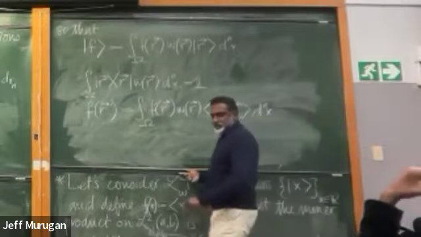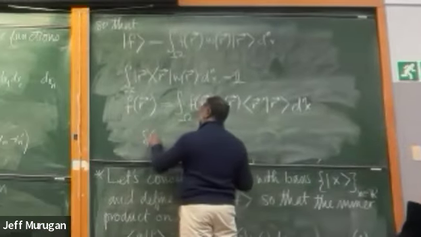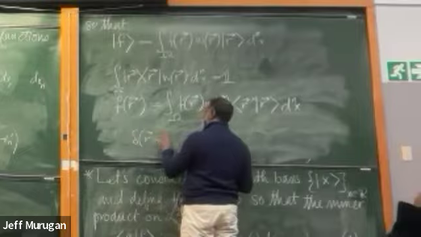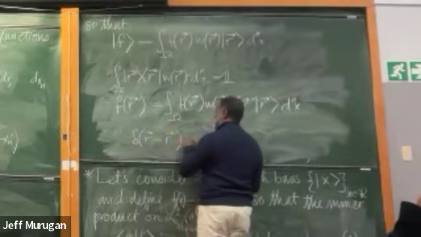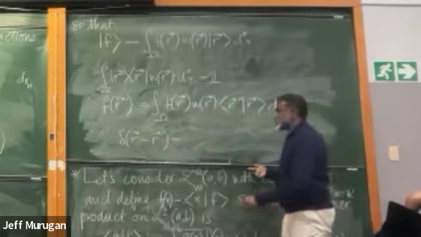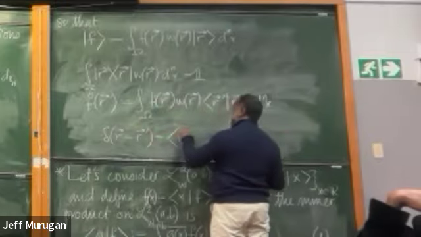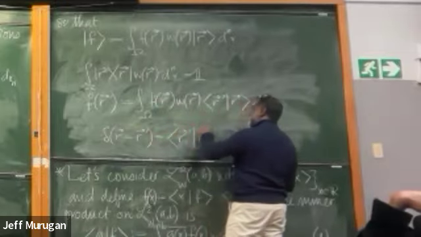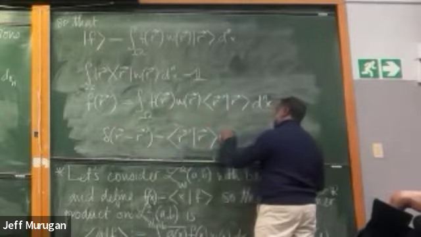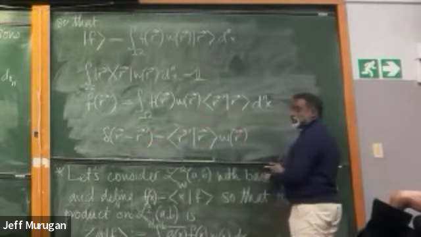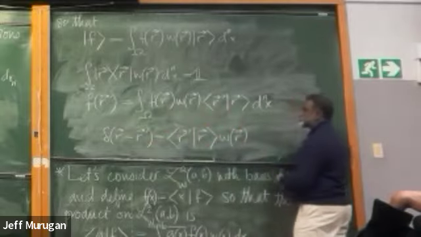And then finally, the definition of the Dirac delta, delta of r minus r prime, is just the integral of r prime inner product r, w of r.